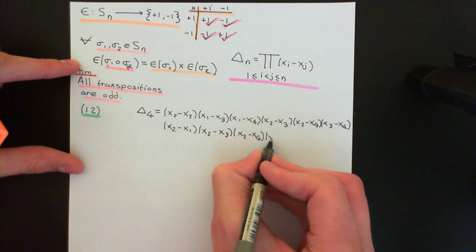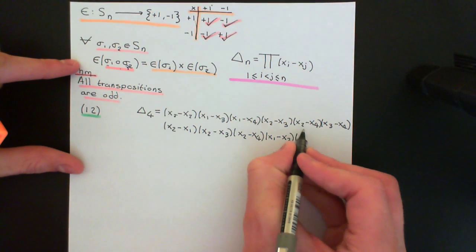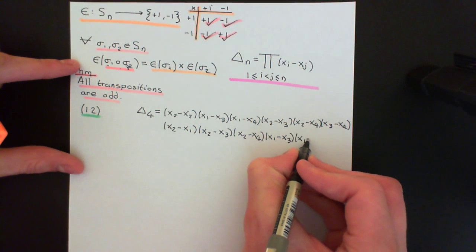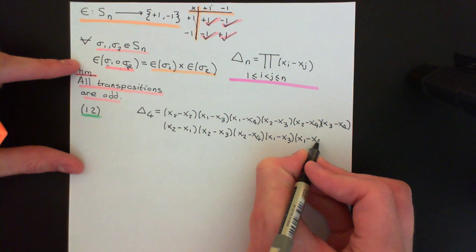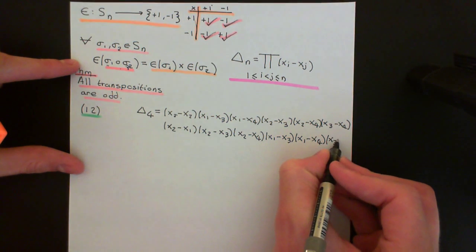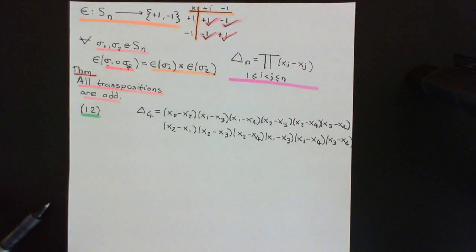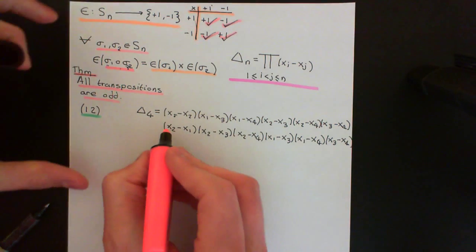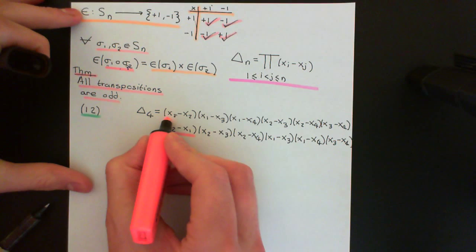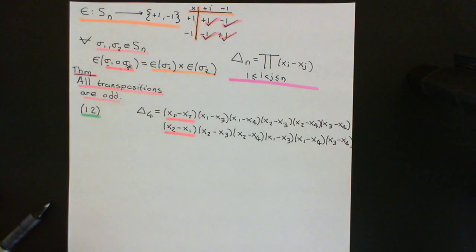When we do this one, x2 becomes x1, so we get x1 - x3. Again here, x2 becomes x1, so we get x1 - x4, and here neither 3 nor 4 changes, so we just get x3 - x4. So you can see that the only one that has flipped is this initial one, which is exactly why I've chosen this, because that is the only one that will ever flip in general.